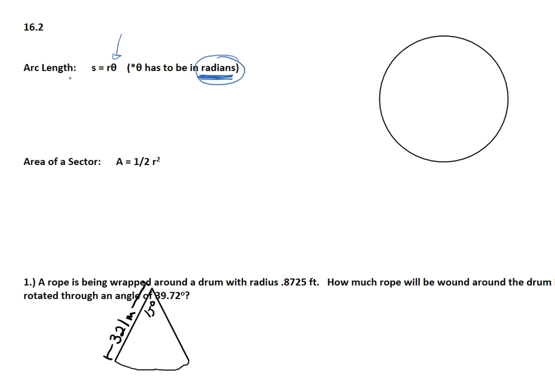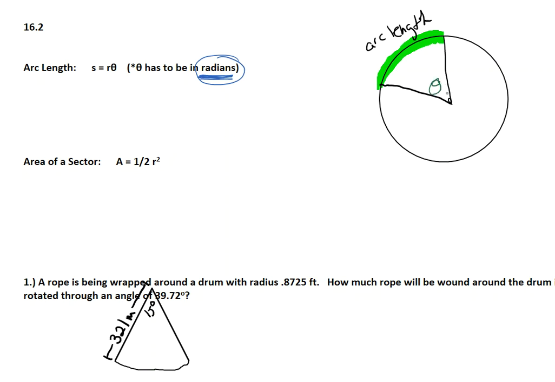So the arc length, first of all, the arc length refers to a portion of the circumference. So something like this would be considered the arc length. Now, if you look at the formula, it's just S stands for arc length, equals R times theta, and theta has to do with the angle right here.